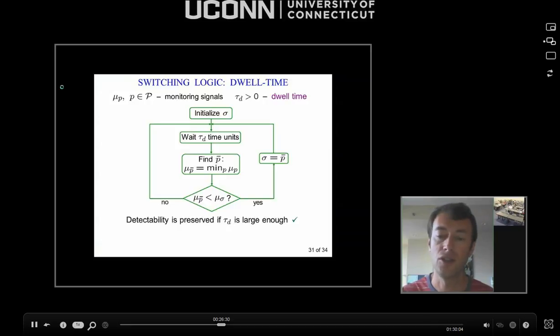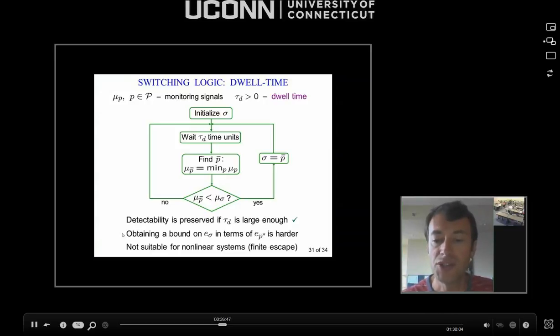For stability, there will be long periods of time when you're not using the index that you should be using, and so the performance is degraded, which is reflected in possibly not being able to satisfy this other property that we want from the switching logic.